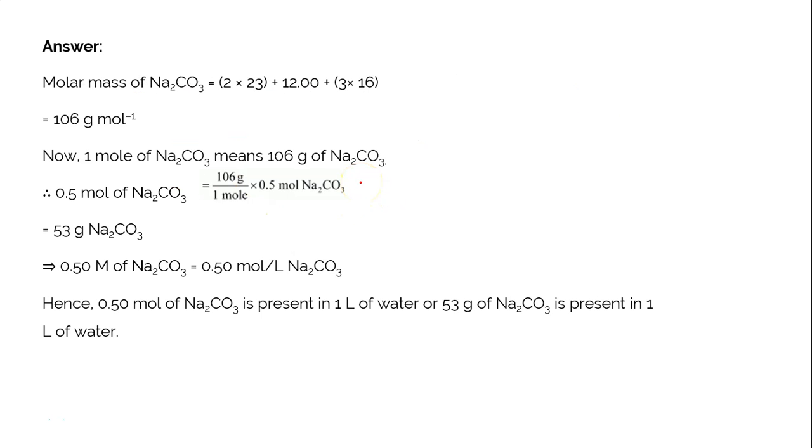But anyways, let's understand the difference mathematically. Molar mass of sodium carbonate can be calculated as 106, because you sum the mass of sodium atoms, carbons and oxygens present in this molecule. So now 1 mole of sodium carbonate means 106 grams of sodium carbonate, correct? So now 0.5 moles means how much?